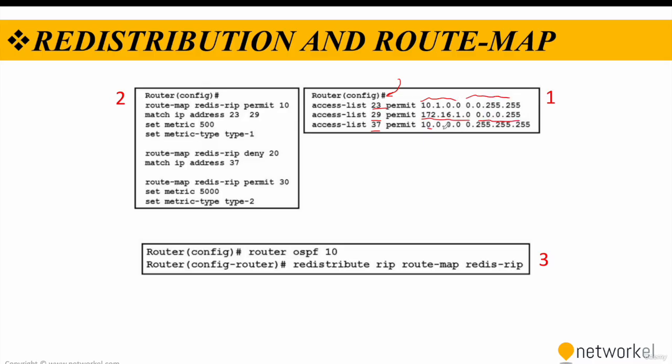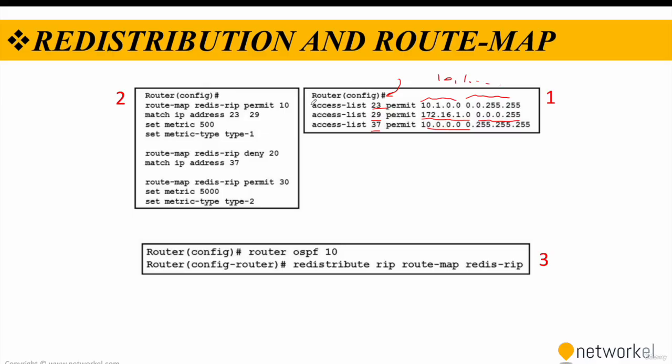For example, the first one is matching everything that starts with 10.1, etc. The same applies to the second and third ones; they are matching some other specific subnets. This is how I am defining my access lists.